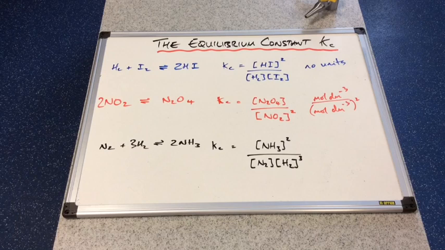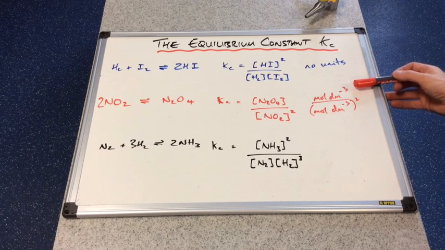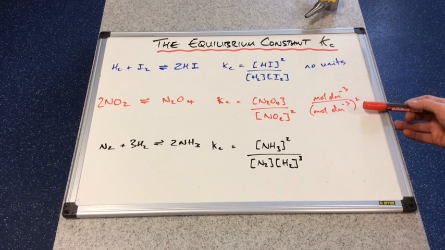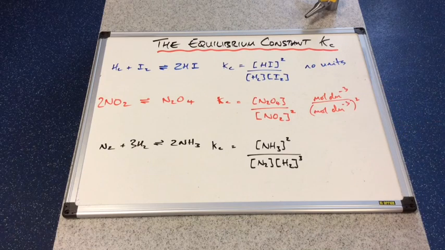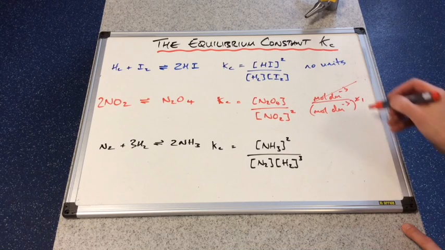The red one, we've got moles per decimeter cubed on the top divided by moles per decimeter cubed squared on the bottom. So effectively they will cancel with one of those.